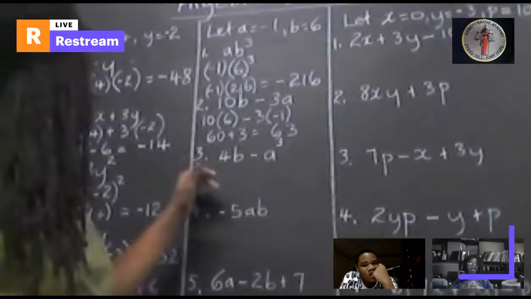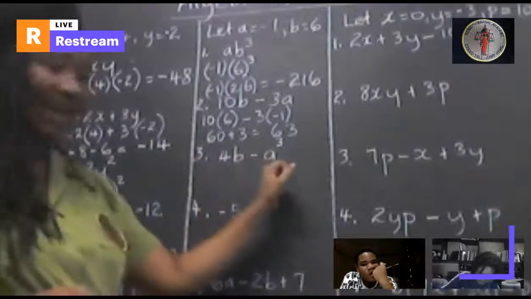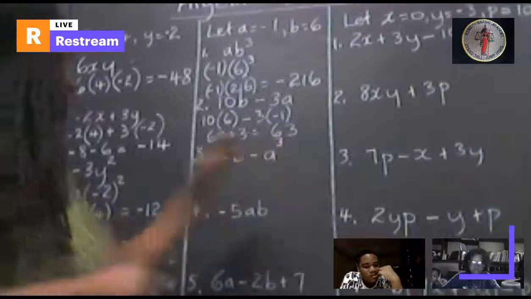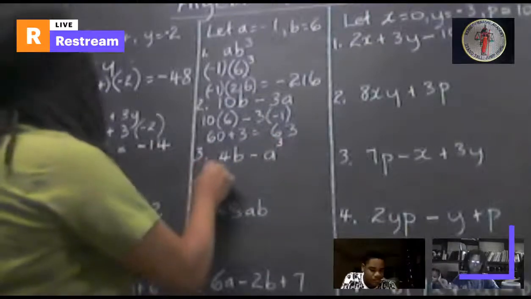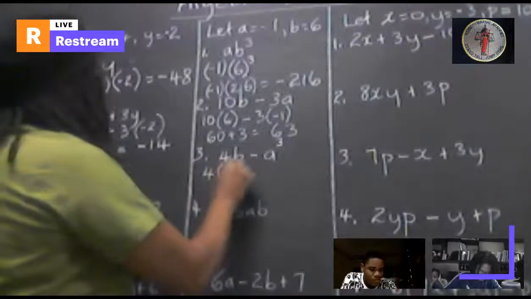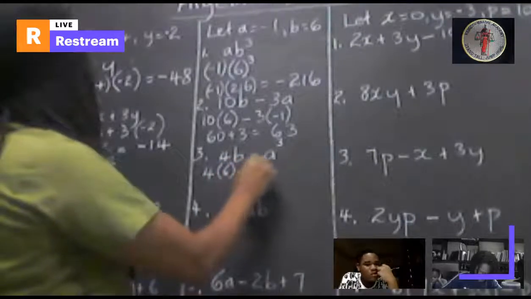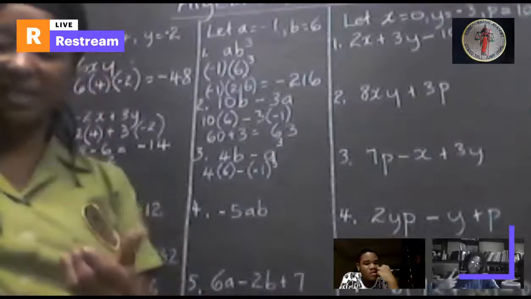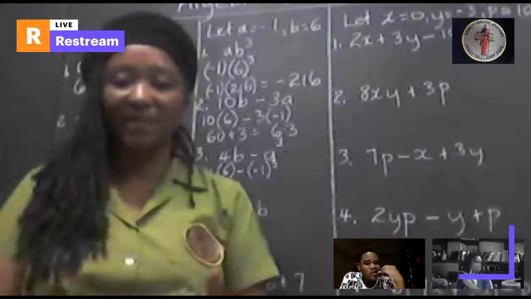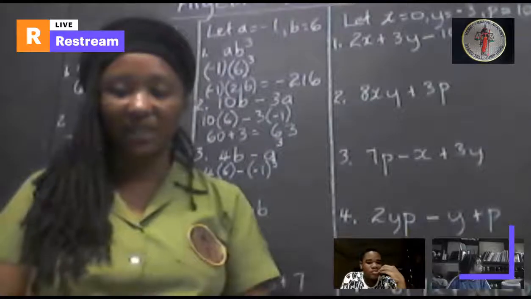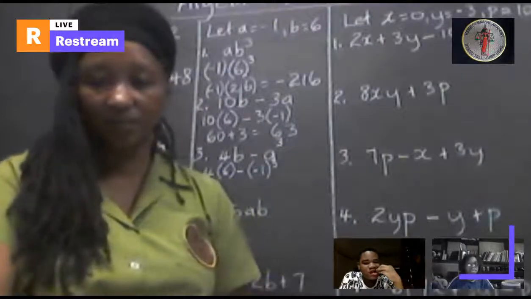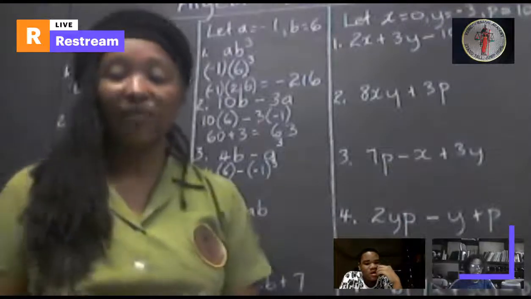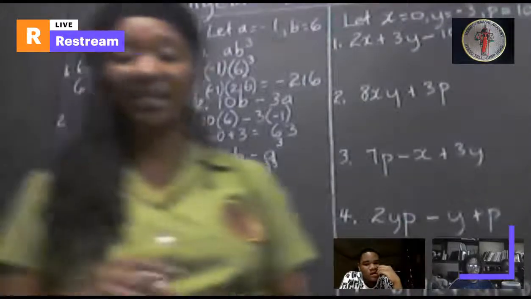All right, number 3, 4b minus a cubed. b is 6, so it's 4 times 6 minus a, which is negative 1, and we're cubing it. So it's negative 1 times negative 1 times negative 1. The answer is negative 1. Whenever we cube a negative number, it's going to be negative.